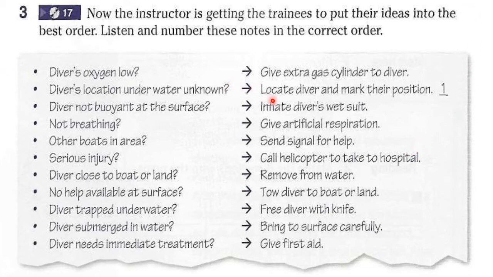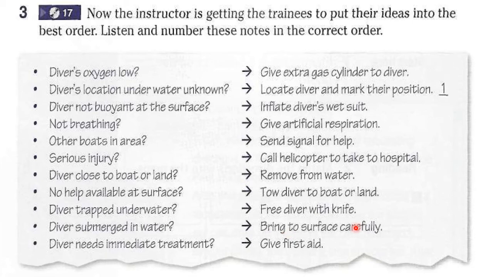We have to locate the diver and then mark his position with a buoy on the surface. And then we can cut him free with a knife if he's trapped. Right. And what about his oxygen supply? If his breathing gas is low, we have to give him some more gas. We can use an extra oxygen tank. And then we should bring him up to the surface, very carefully, not too quickly.